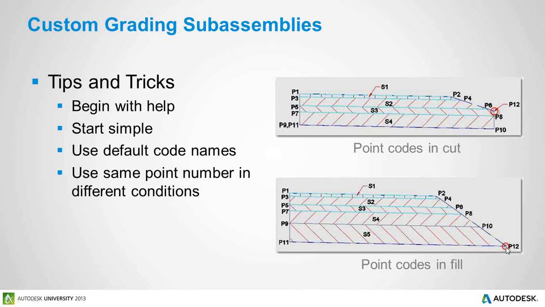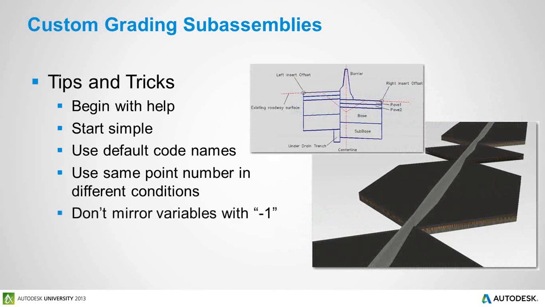But if I don't use the same number here, I may attach it to this location in the assembly, and then when my corridor alternates between cut and fill, my daylight is not going to be connected to the right location. So by using that same point number, I attach it in my assembly layout, and I know it's going to work when I alternate between cut and fill.